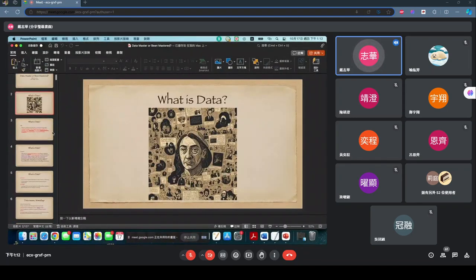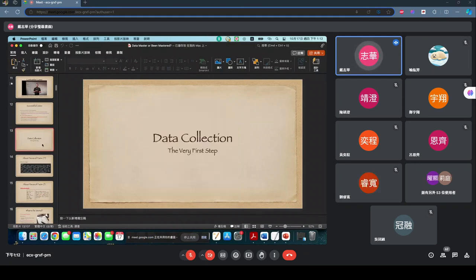Okay, we talked about what is data. And in my opinion, I think data is a record of the world. So there exists a sampling problem. If we want to have a more comprehensive observation about an event, a person, or a phenomenon, whatever, we need to make sure our observation is sufficient.